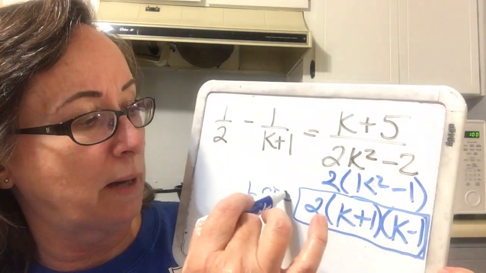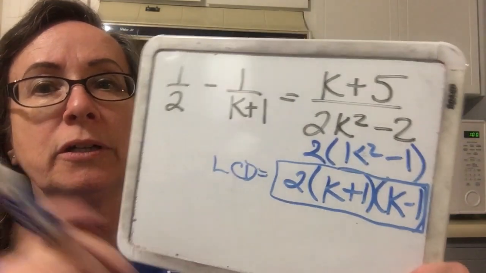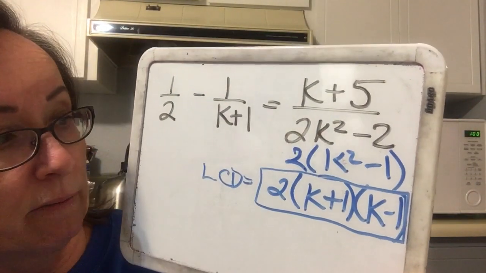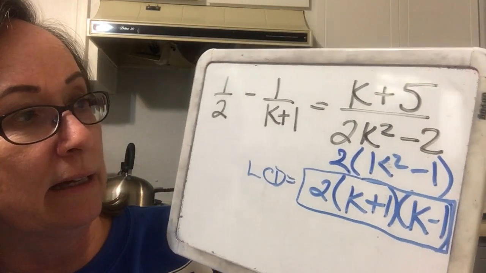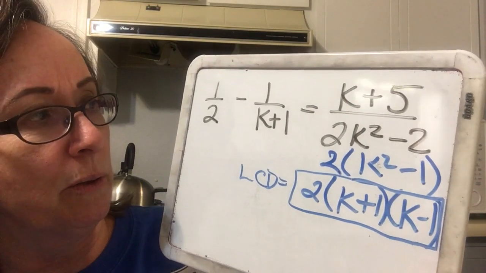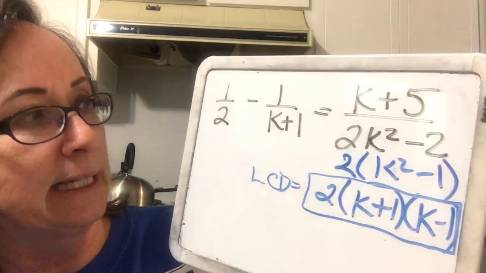Remember, you want to box and label your LCD, because sometimes that's partial credit right there, just getting the LCD. So now, because it's an equation, I will multiply through both sides by the LCD.